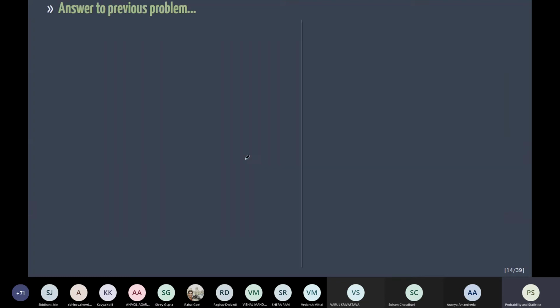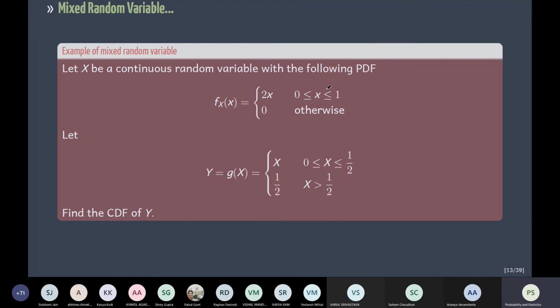The first thing we need to know is the range of x. The range of x here is 0 to 1, right?